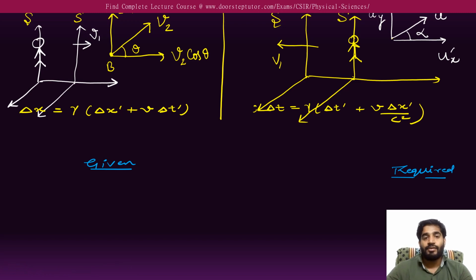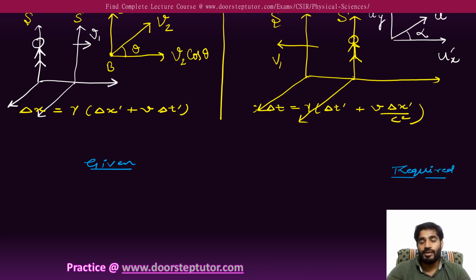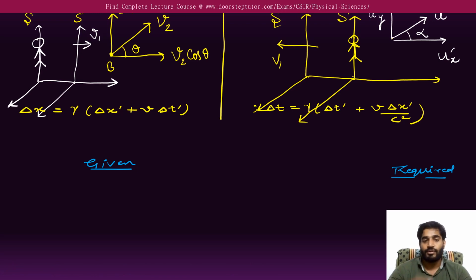In the same way, now the observer is in the S dash frame, and we have all the given conditions. v1 is the speed of the S dash frame, moving from left to right, but when the observer is in the S dash frame, it seems that the S frame is receding, moving from right to left.